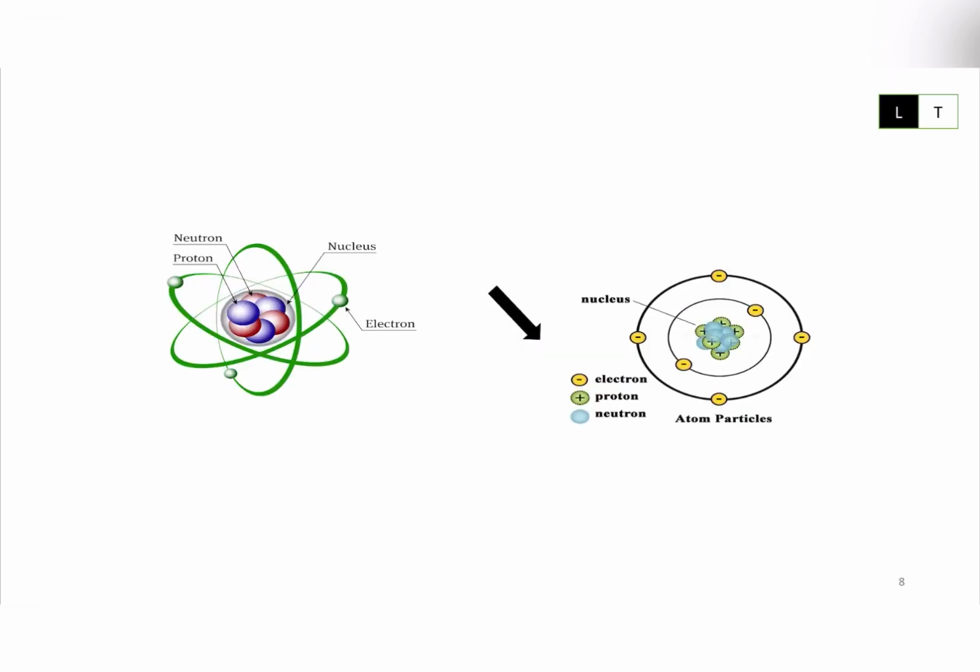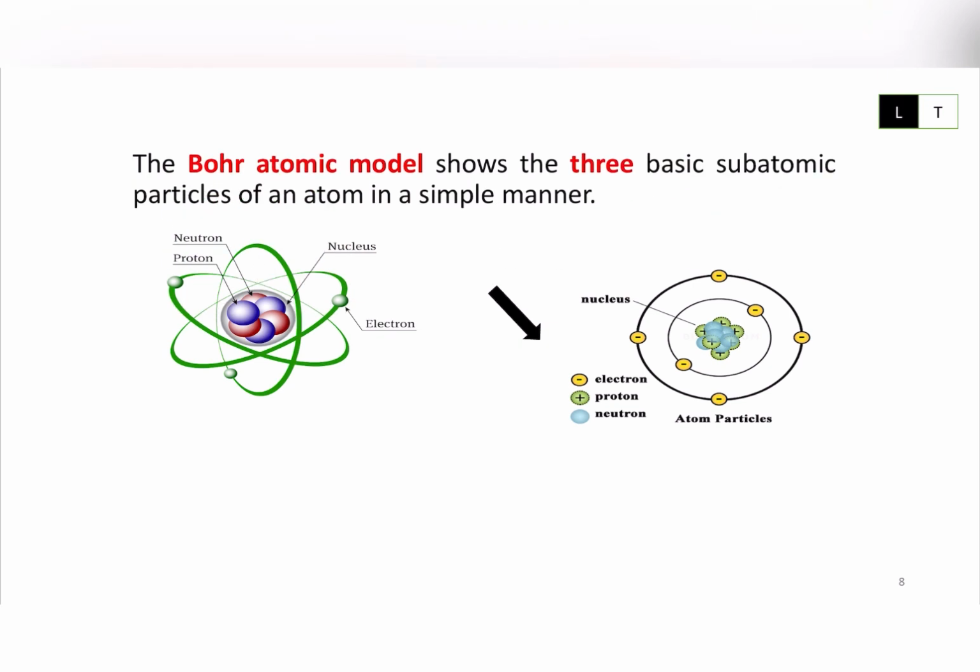In a simpler way, we can also use the Bohr atomic model to show the 3 basic subatomic particles of an atom. This is the general structure that I introduced from the previous slide, but you can also choose to draw in this form as you learned during the SPM syllabus.